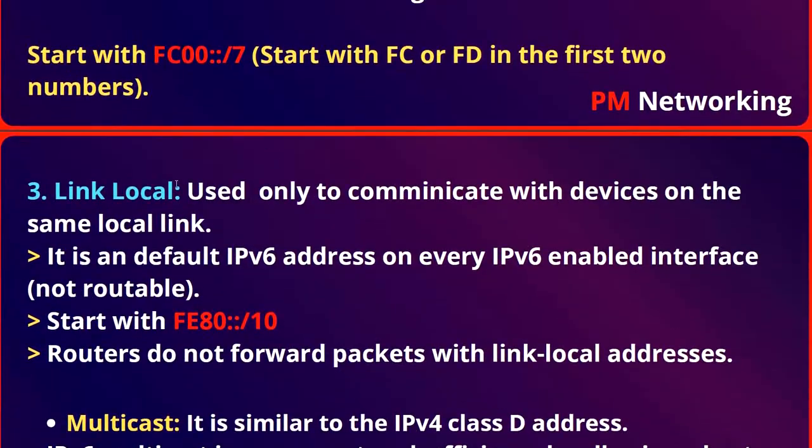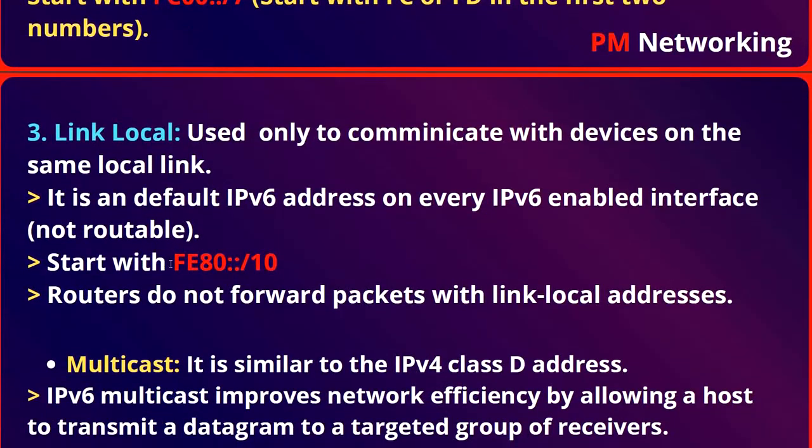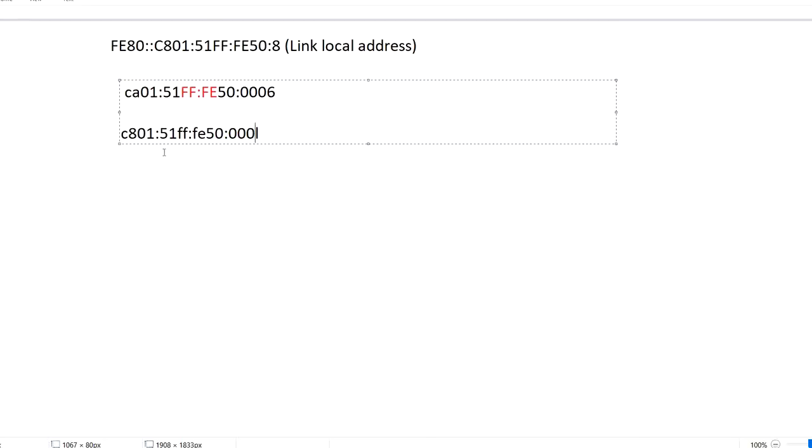Where is the link local address? Yes, so the starting range is this one, FE80 dual colon. So here we need to put it, and you know, this is your EUI 64, right? In EUI 64 you will add the link local address.